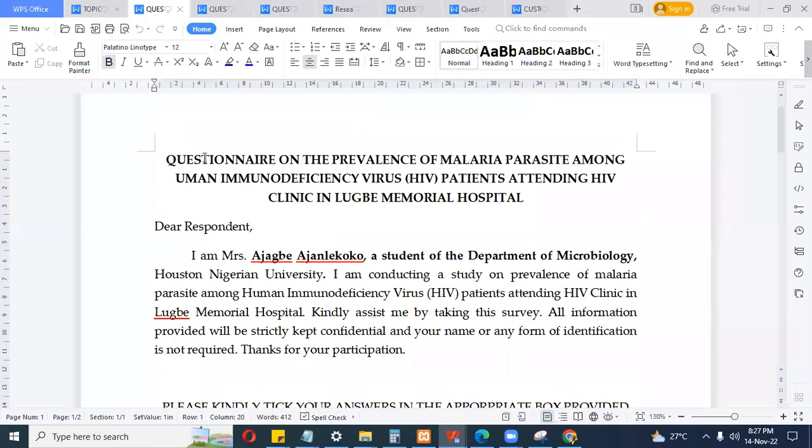Okay, questionnaire on the prevalence of malaria parasite among human, it should be human, right? Human immunodeficiency virus patients attending HIV clinic in Lugwe Memorial Hospital. I'm also conducting a similar study where I'm looking at hepatitis B among pregnant women with HIV, but this person is looking at malaria parasite among just normal patients, anybody that has HIV.